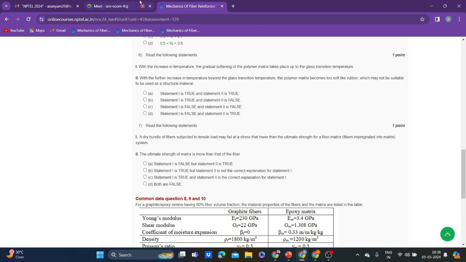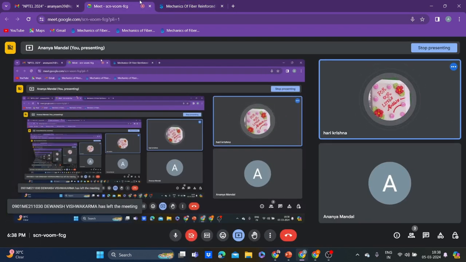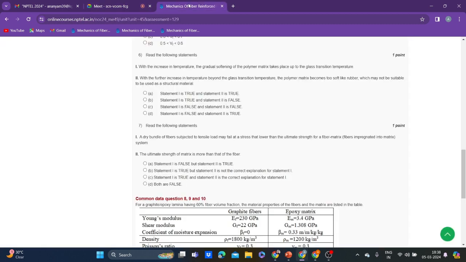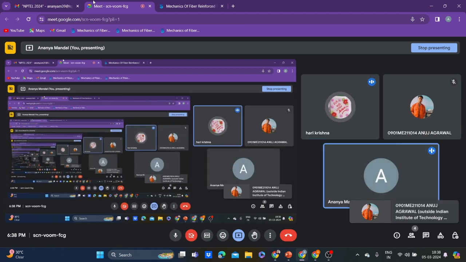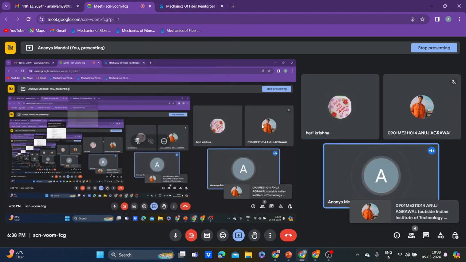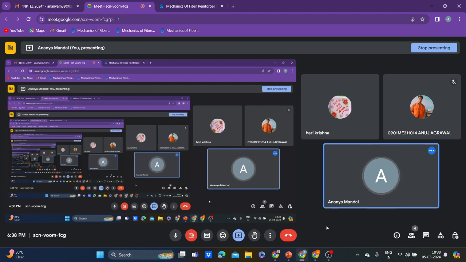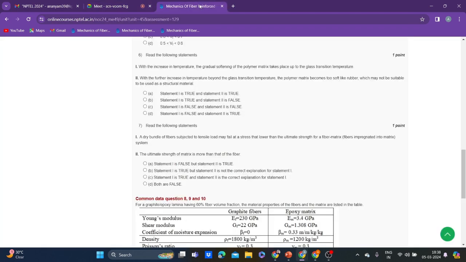The matrix will always have lower strength than the fiber, because in the composite the fibers are the load-bearing part, and the matrix is there only for binding and for distributing the load. So the option for this will be option B. That one is true, but two is not the correct explanation of statement one.